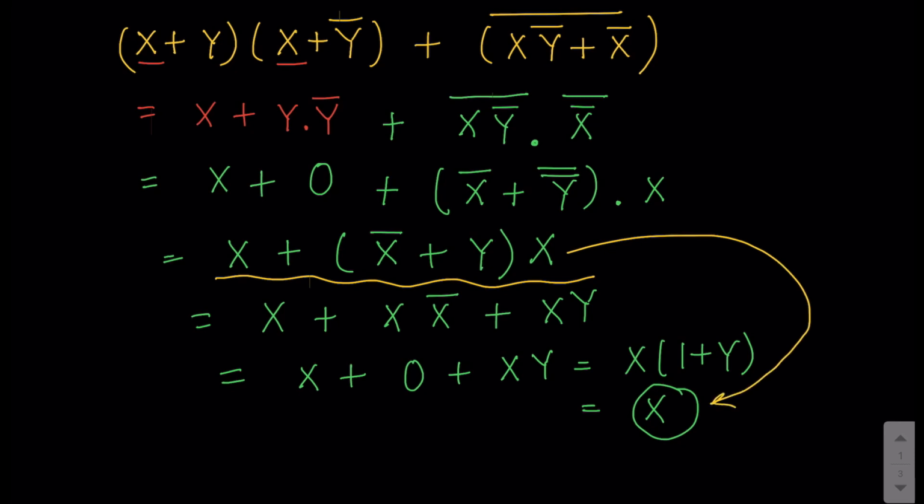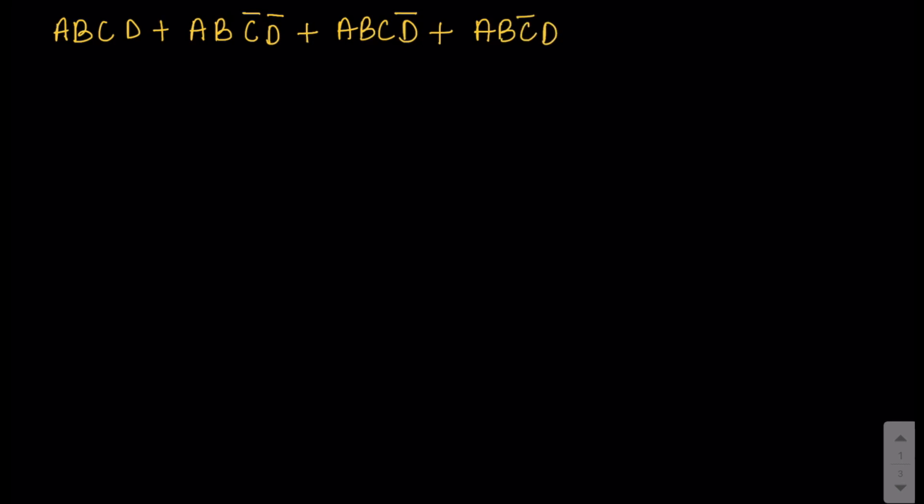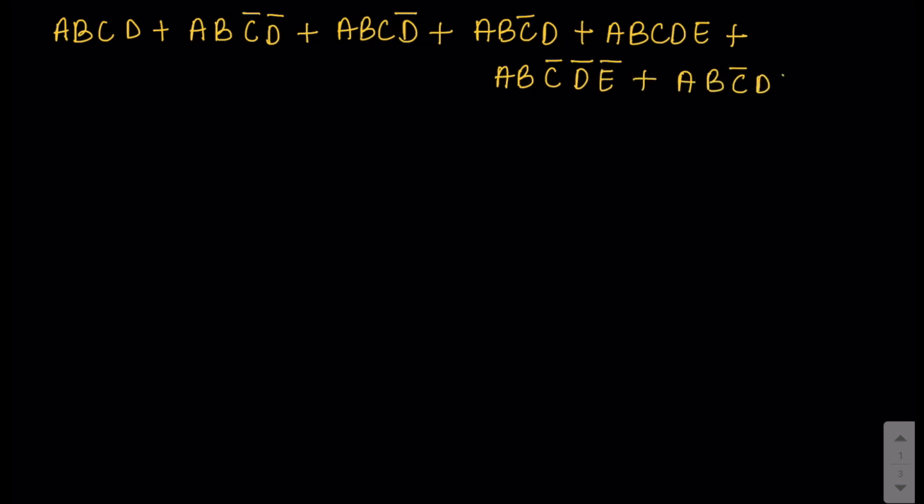Now let's move to the third question. We have the expression a b c d plus a b c bar d bar plus a b c d bar plus a b c bar d plus a b c d e plus a b c bar d bar e bar plus a b c bar d e.